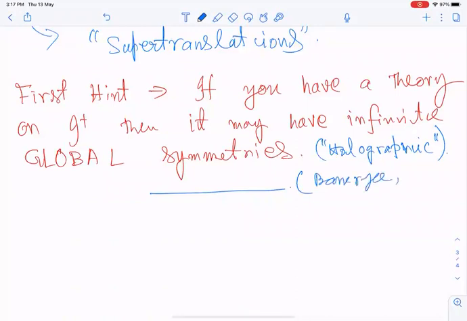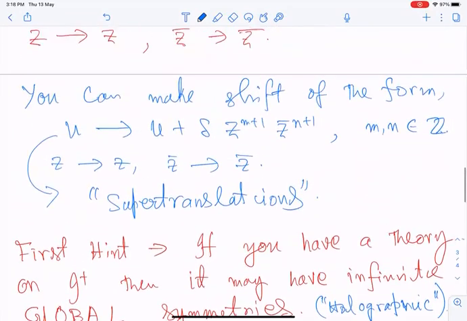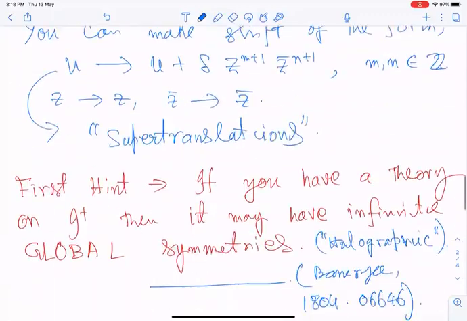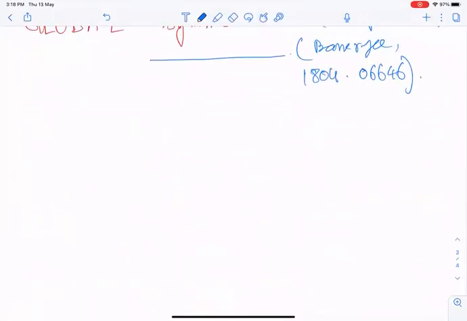If you want to know, you can construct the charges and all these things. So I just gave you a brief introduction to that. Now let's talk about the interacting case.